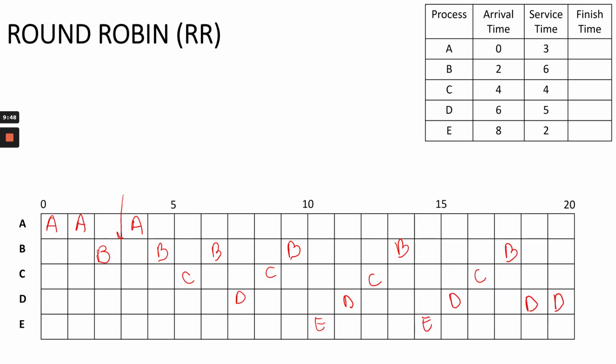A finishes at time 4, B finishes at time 18, C finishes at time 17, D finishes at time 20, while E finishes at time 15. So that's all for the round robin.